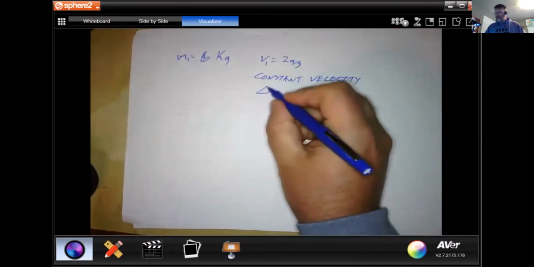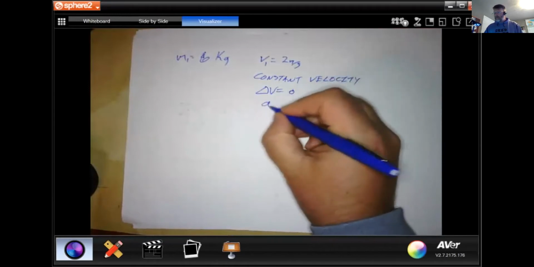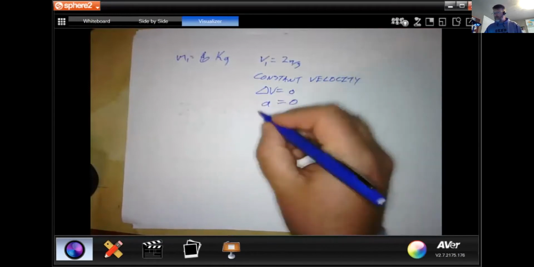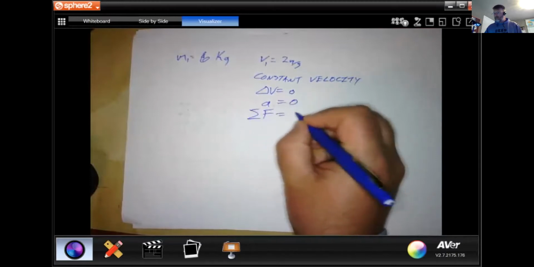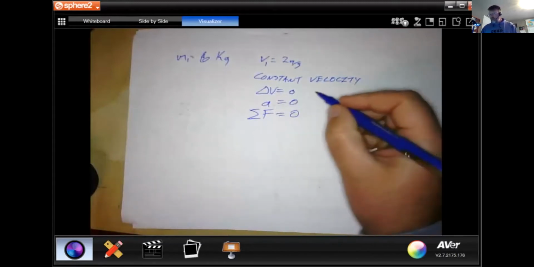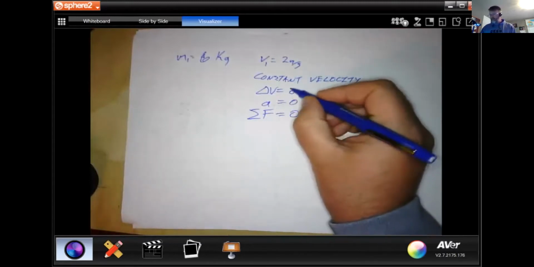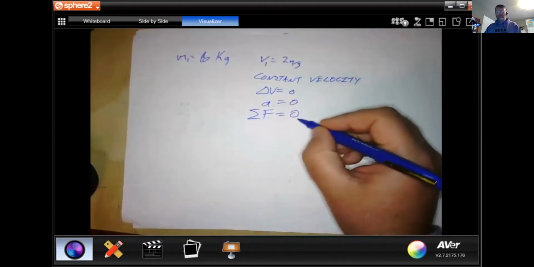So that means our change in velocity equals 0, which means our acceleration equals 0, which means the sum of our forces equals 0. If we have a constant velocity, we have no change in velocity, no acceleration, and 0 total force.